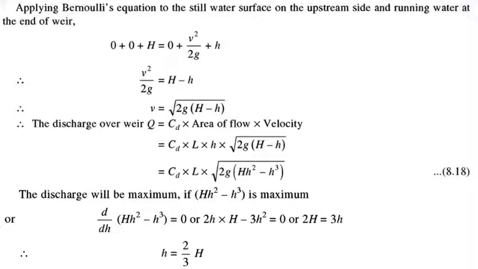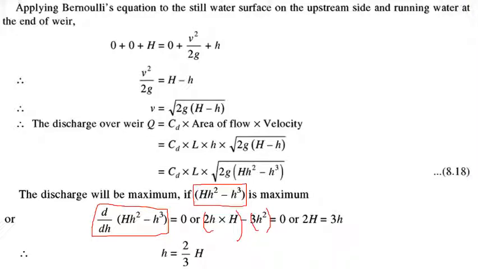And this discharge is maximum if H h square minus h cube, this term, is maximum. If this term is maximum, then discharge will be maximum. So d by dh of (H h square minus h cube) should be 0. This is the condition for maximum discharge. When we differentiate the terms, we get capital H into 2h minus 3h square is equal to 0.